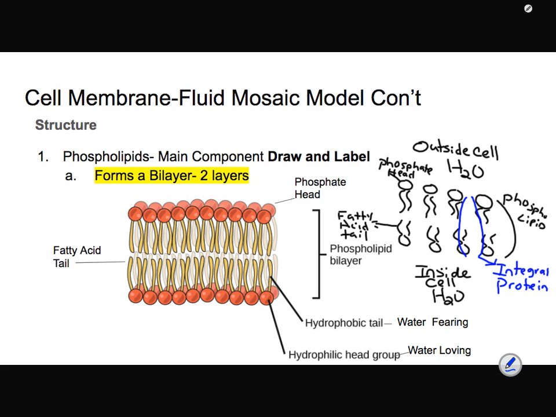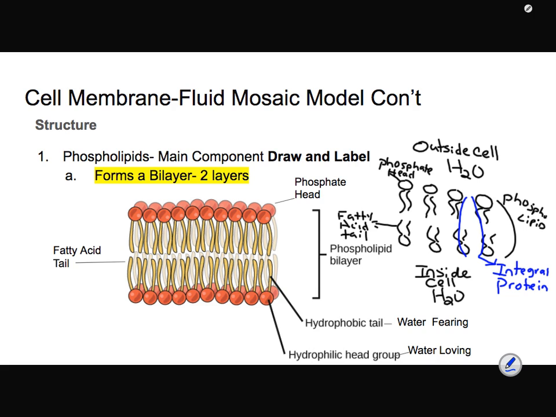So when I talk about water moving through, it's actually a special protein known as the aquaporin. It's like a covert operation. Water's small enough, but it's charged. It comes on through here. These tails have no idea what's coming through it. So it's undercover. Covert.